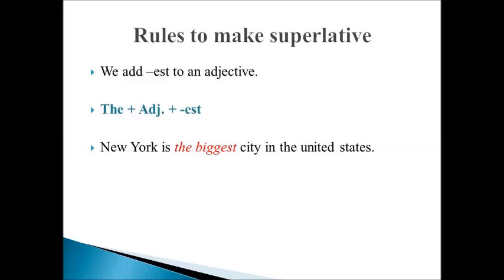We make it into a superlative by adding est. If the adjective ends with a consonant, we double the consonant. Big has a consonant g at the ending. So when we change it into a superlative degree, we double the consonant and add est.